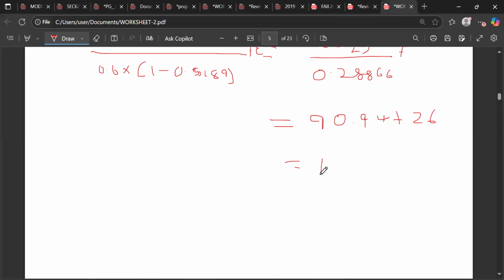I'm getting 116.94 million as the revenue the project needs.